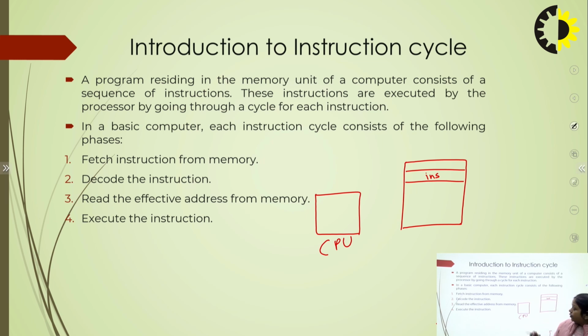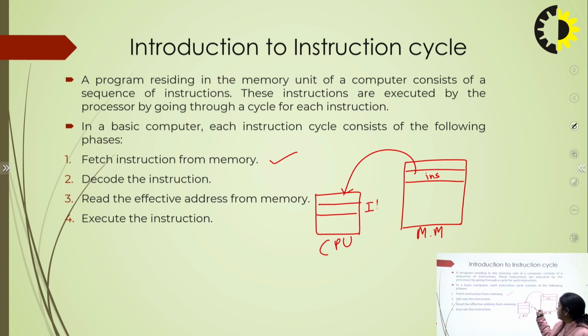The first step of instruction execution is to fetch the instruction from the memory. So we fetch the instruction which is stored in the main memory. This instruction will come to the CPU, and in the CPU it will come into the instruction register.